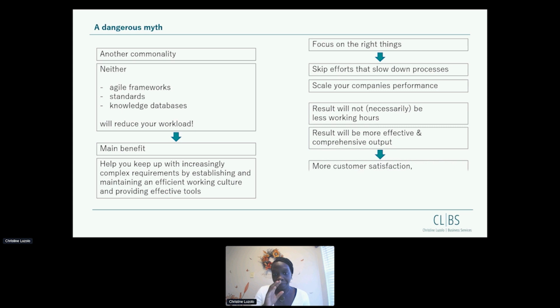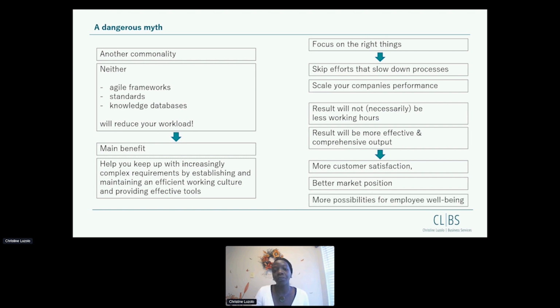And so this means more customer satisfaction, which will then lead to a better market position. And this better market position then will give you the ability to focus more on employee well-being. Because, of course, at the end of the day, it's your colleagues and your employees that will develop and provide the products and services you're selling on the market.